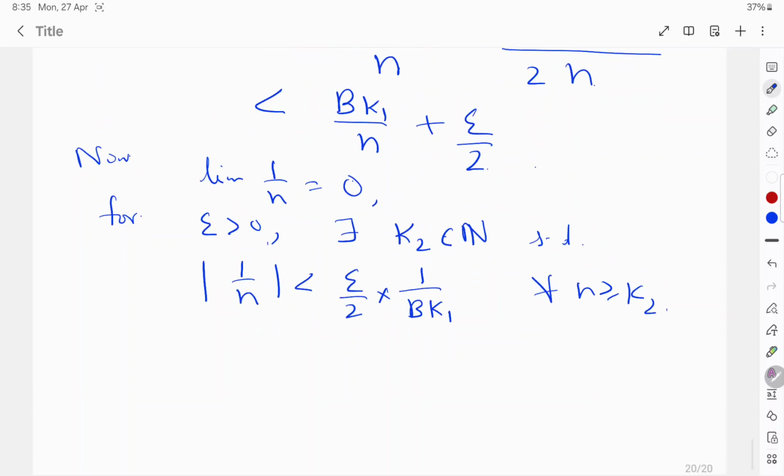Why I am writing? Because our main job is this term should be less than epsilon by 2, right? So you can think we are doing some back calculation, so that this term is less than epsilon by 2, right? This term.